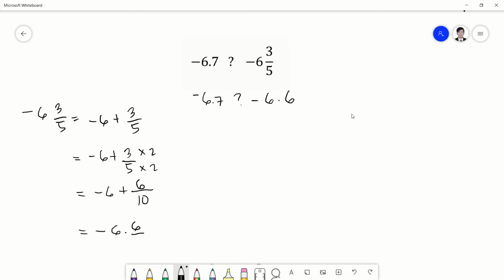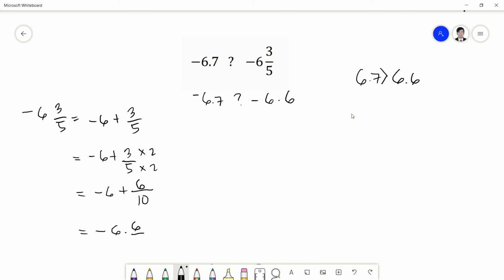If we just stick to the usual way in grade school, 6.6 and 6.7, if you compare them, 6.7 would be greater compared to 6.6. But since we have negative signs already, that means it's the other way around.